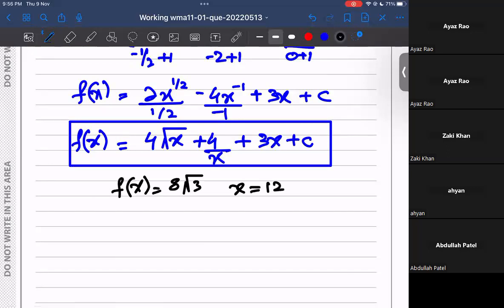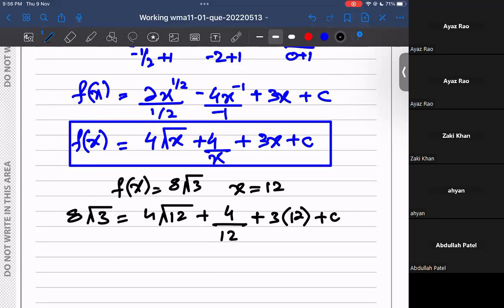So I wrote 8/3 instead of f of x, and x is 12. Right? So I'm going to have the value of c here now.